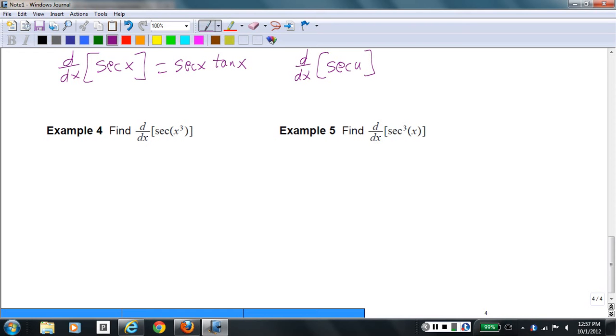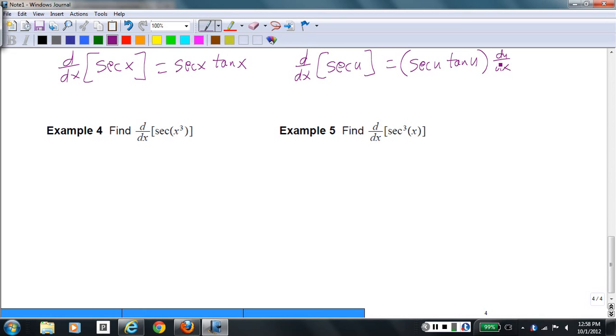Well, the derivative, in this case, secant is the outside function. So what we would say is it would be secant u tangent u times the derivative of u with respect to x. Put a dot there.